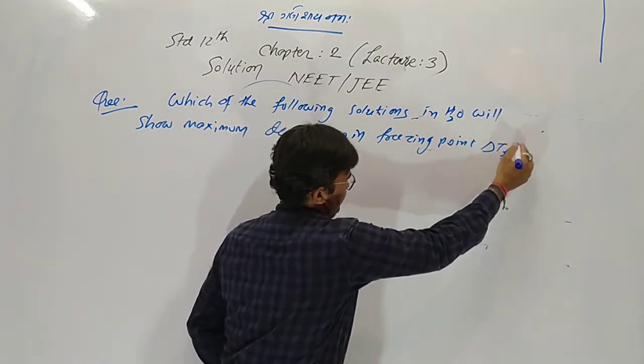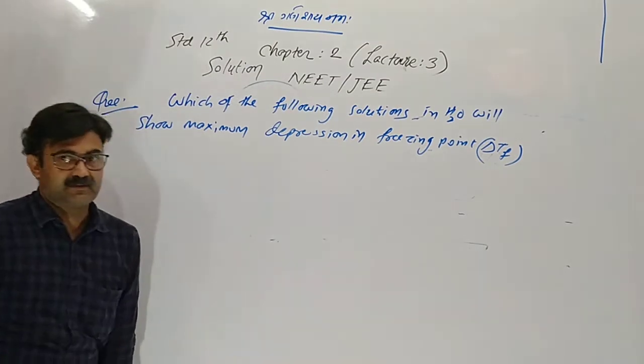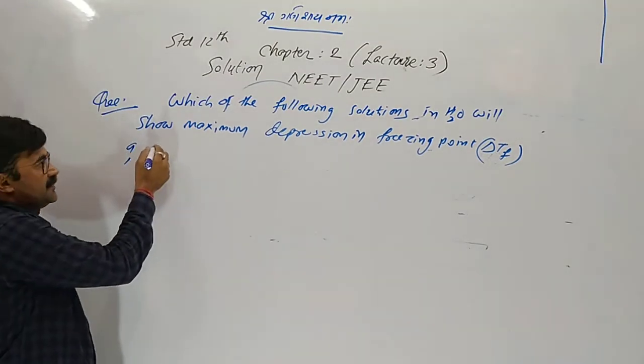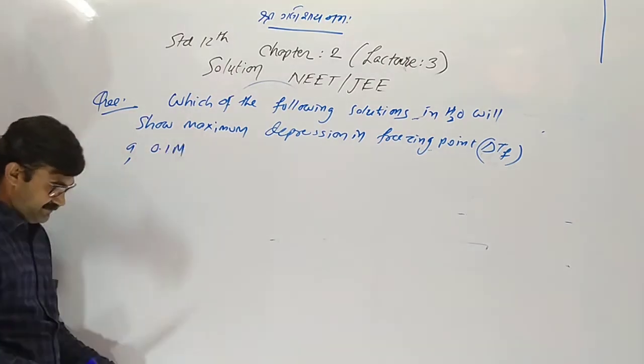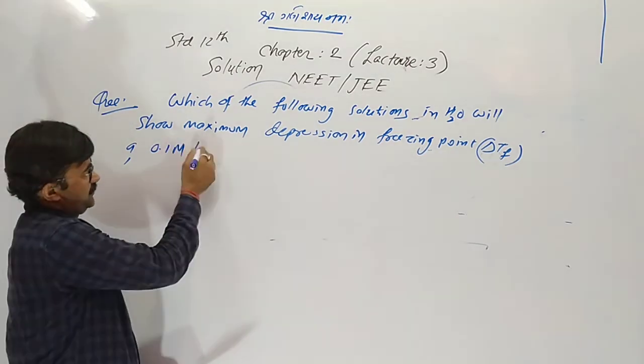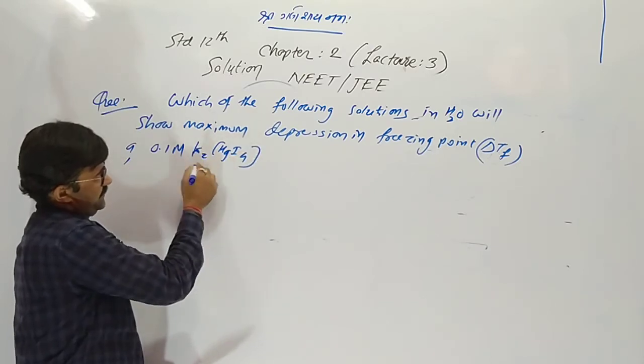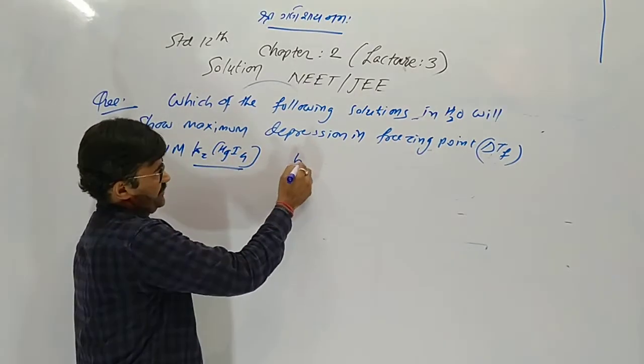Depression in freezing point means delta Tf, which is a colligative property. So A is given as 0.1 molarity of K2HgI4. This one is Nessler's reagent.